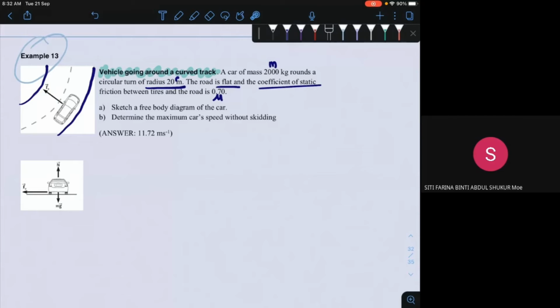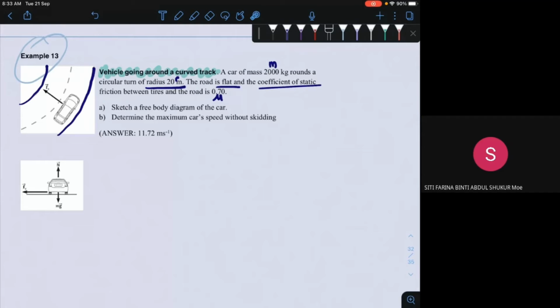So kalau dia buat bulatan in this direction, this is your car here, so dia punya friction adalah to the right dekat sini. Yang penting towards the center of that circle yang kereta kamu buat. This is to avoid skidding, to avoid your car from terbabas itu. Faham ke semua? Faham, Miss.